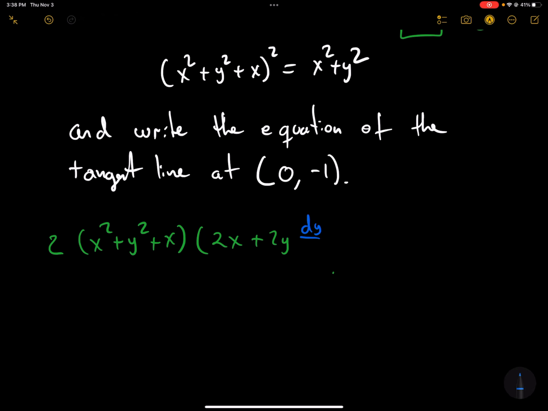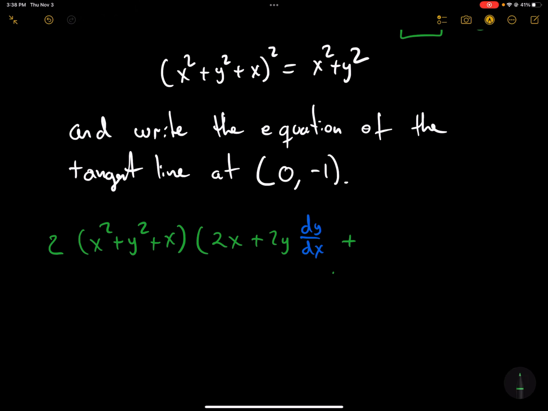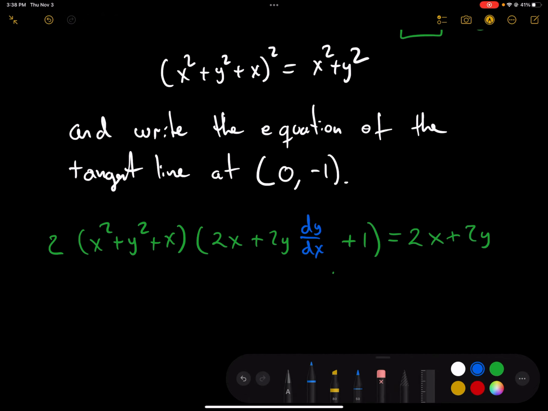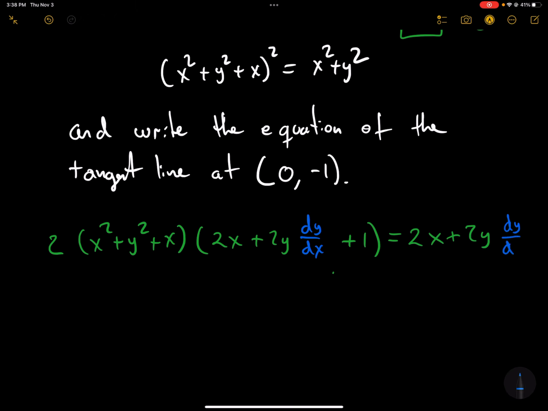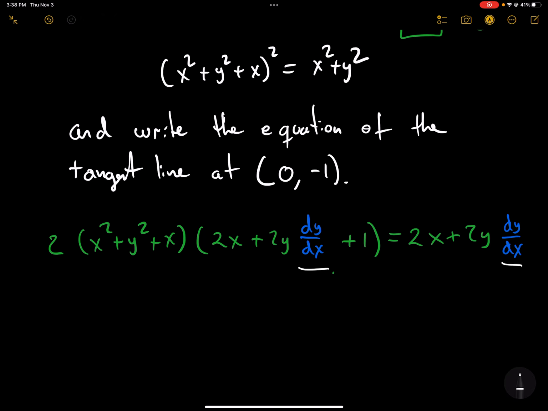So let me use dy over dx in this context so we can see the difference, plus 1 equals, and then the right-hand side will give me just 2x plus 2y, and again, because of chain rule, we will have dy over dx.